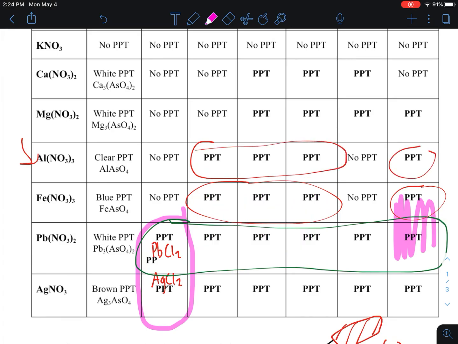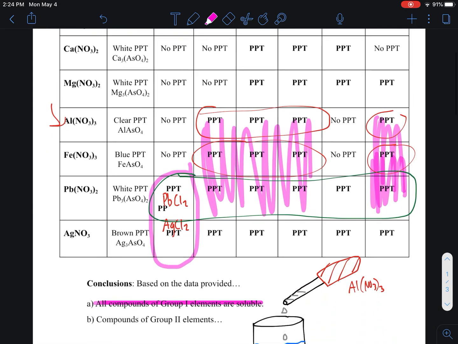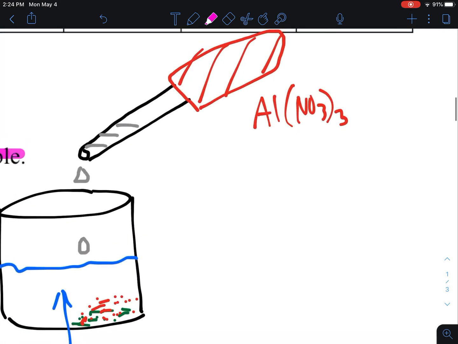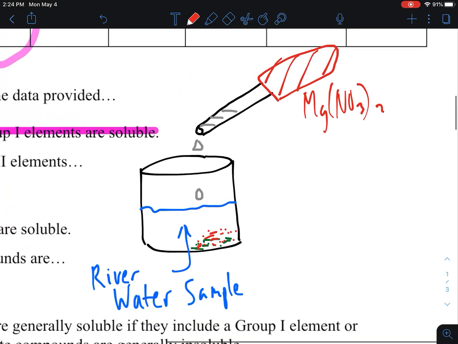Well, that didn't really narrow it down for us, so we still know it's one of these three ions. Let's do magnesium nitrate. Let's say we add magnesium nitrate, but no solid is formed.